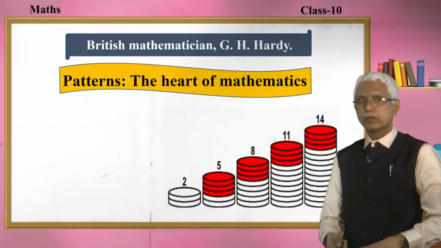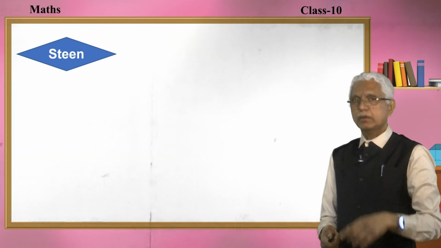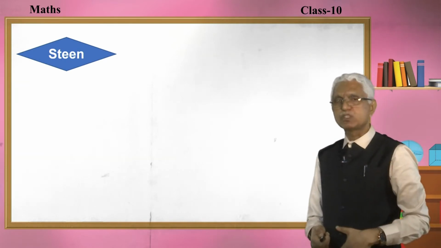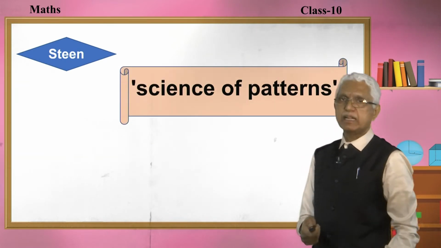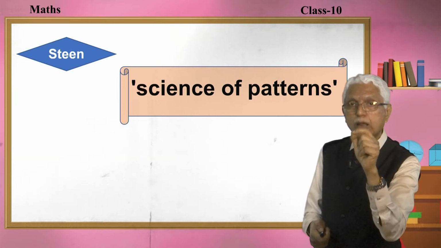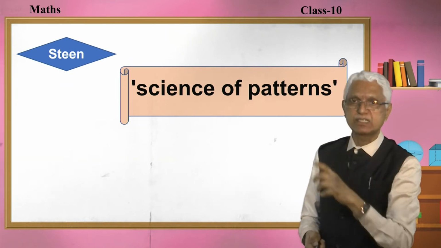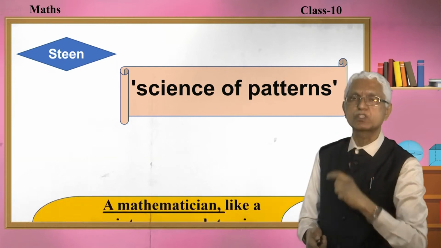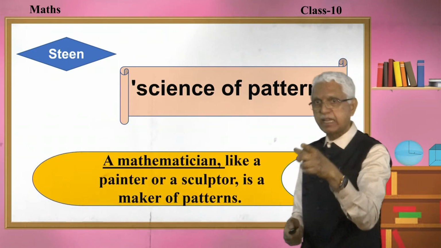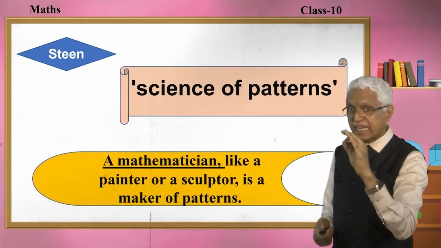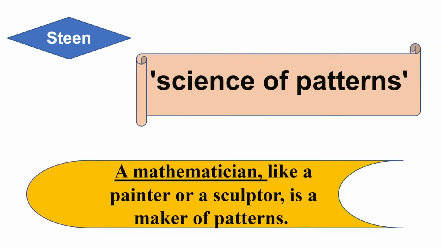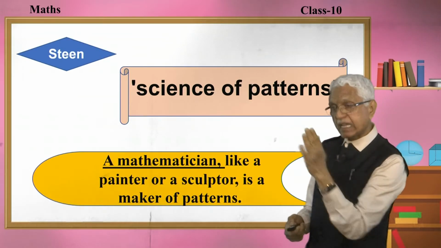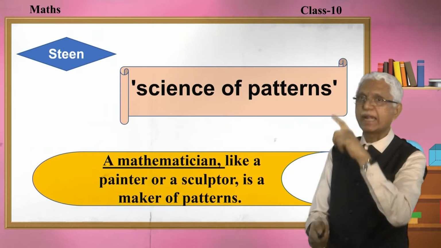Another mathematician by name Steen has said numbers is all about science of patterns, and he says a mathematician is like a painter or a sculptor. He is a maker of patterns. So, it is about patterns.